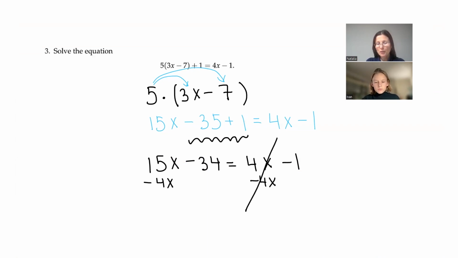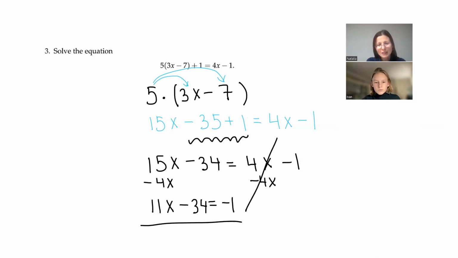It disappears from the right side, and on the left side, it will become 11x. 15 minus 4. It was 15 of them. We removed 4. We have 11 left. Minus 34 equals negative 1. Notice this negative. It belongs to 1, so it stays. It will be negative 1 on the right side.